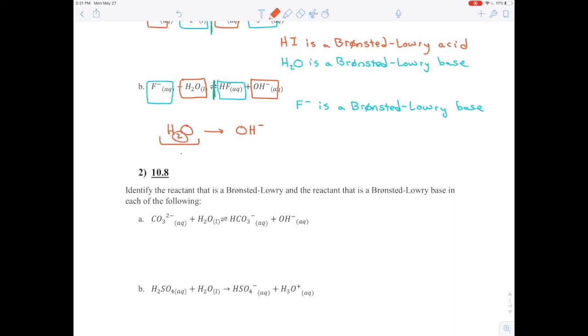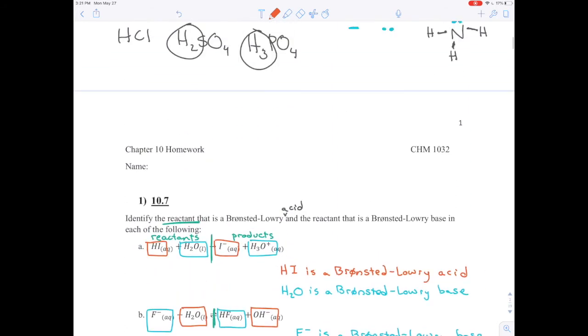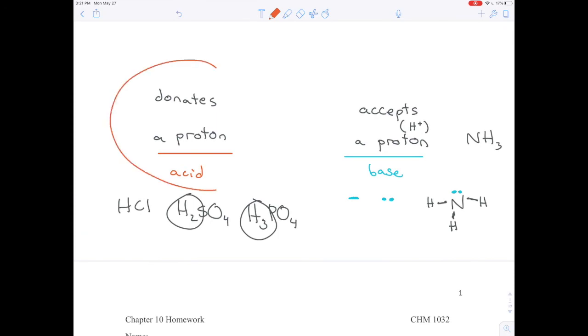H2O starts with 2 H's. It ends with just 1. So it went from having 2 to having 1. Did it accept an H+, or did it give away an H+? If it starts with 2 and ends with 1, it must have given 1 away, or donated an H+. Anything that donates an H+ is a Bronsted-Lowry acid, and remember that H+ is the same thing as a proton.